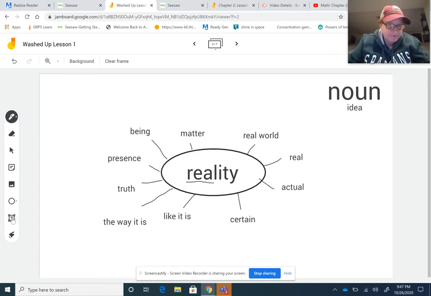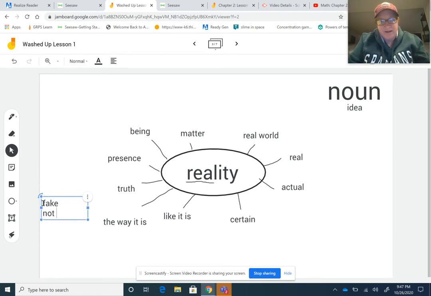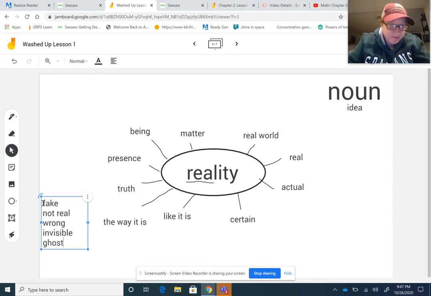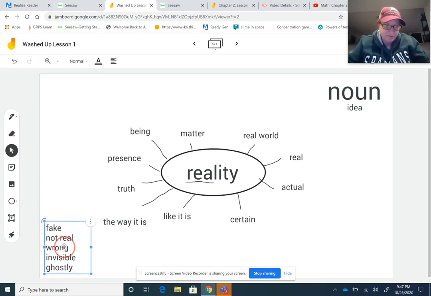So antonyms might be fake, not real, wrong, invisible. What's the word I'm looking for? Like when it's ghostly, because ghosts are not part of reality. Oh, I guess a lot of people think that. So those would be some good antonyms or opposites.